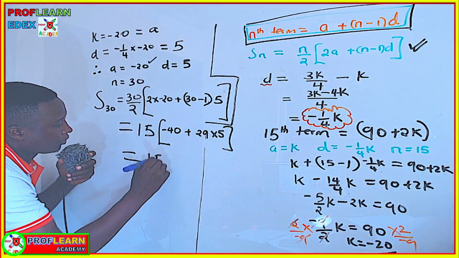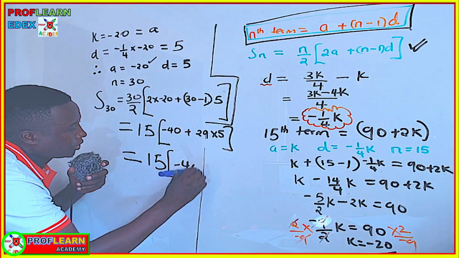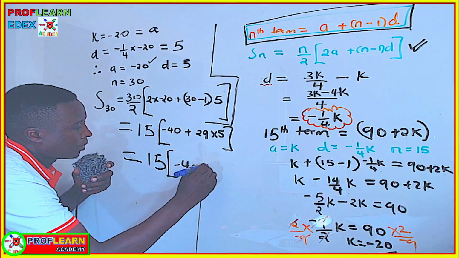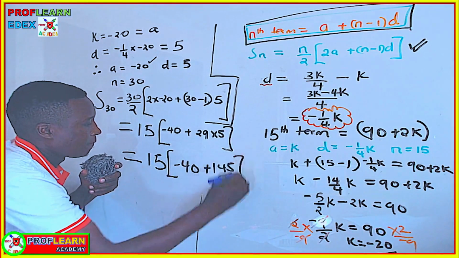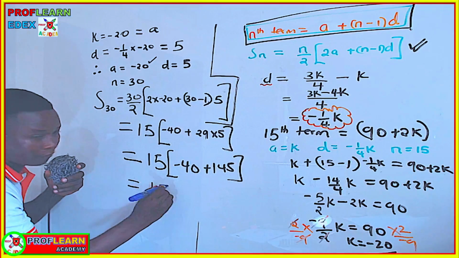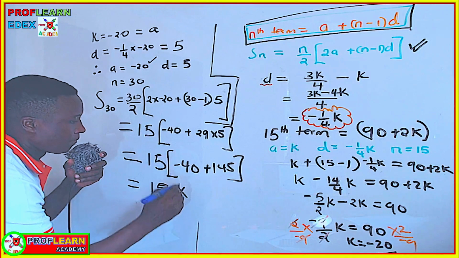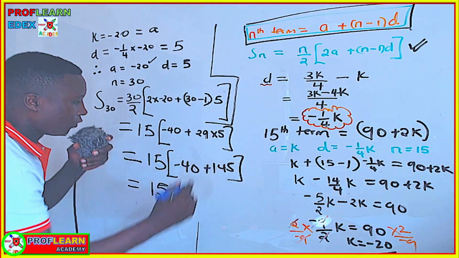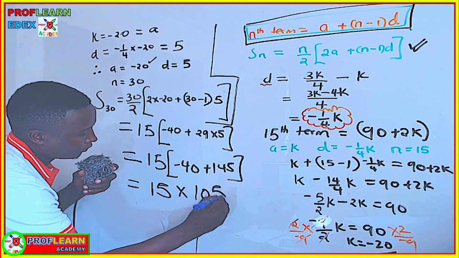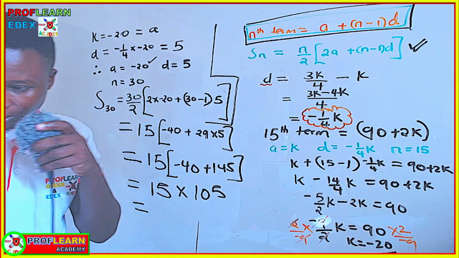So this becomes 15 into negative 40 plus 145. Which means this is going to be 15 times 105.